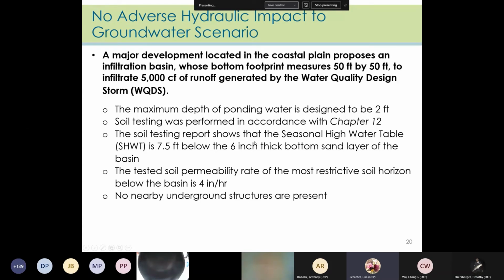Soil testing is performed in accordance with chapter 12, and that testing shows that the seasonal high water table is 7.5 feet below the 6-inch thick bottom sand layer of our basin. Our tested soil permeability rate of the most restrictive soil horizon below the basin is 4 inches per hour, and there are no nearby underground structures present.